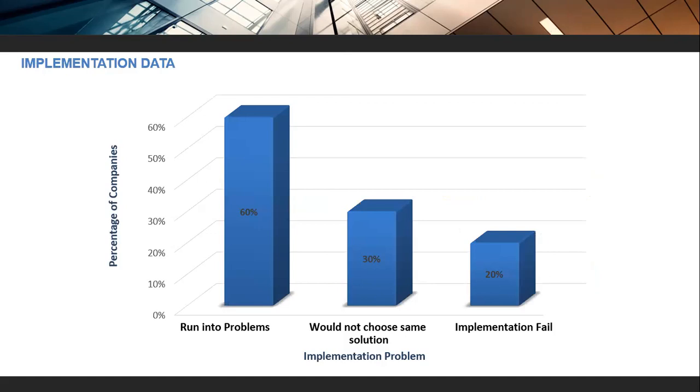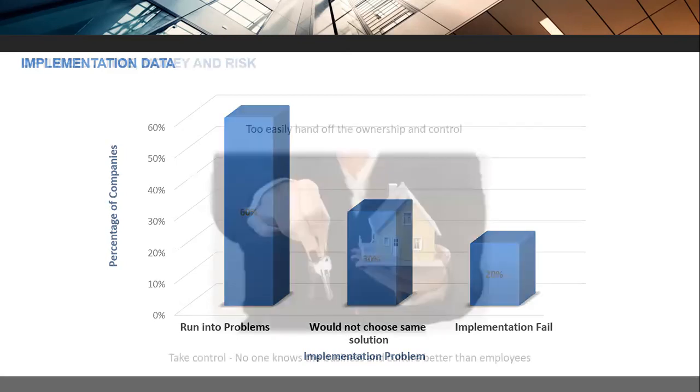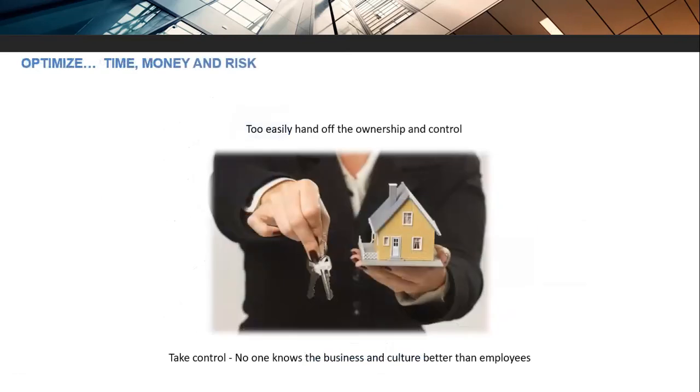And we said that these numbers could be much higher than what we see, because there is a tendency that whoever made the selection does not want to expose himself or herself. The easiest way, and the biggest mistake, is to let the ownership and control rest in the hands of the salespeople of the company, the suppliers of the software or the consultants of the software, because for these people, more consultancy hours are better for them, and more functionality is better for them.